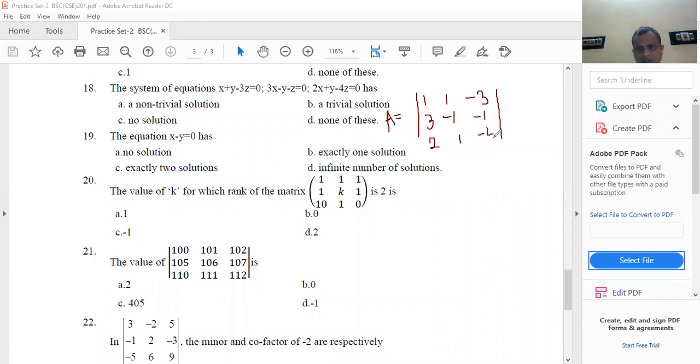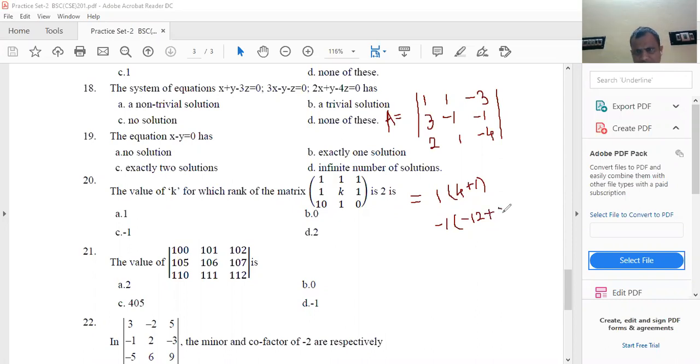So you have to check the value of the determinant. 1 into minus 1 into minus 4, this becomes 4, plus 1 minus 1 into minus 12 plus 2.